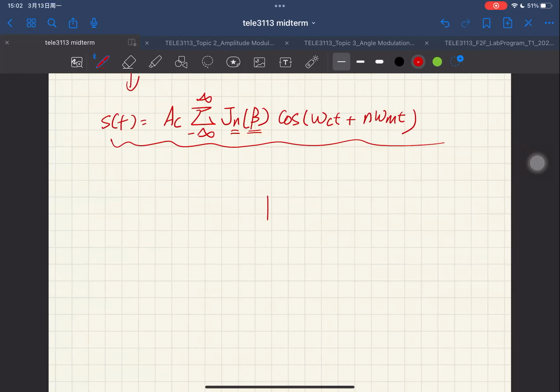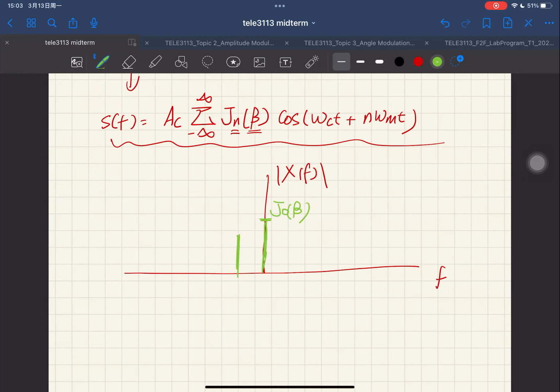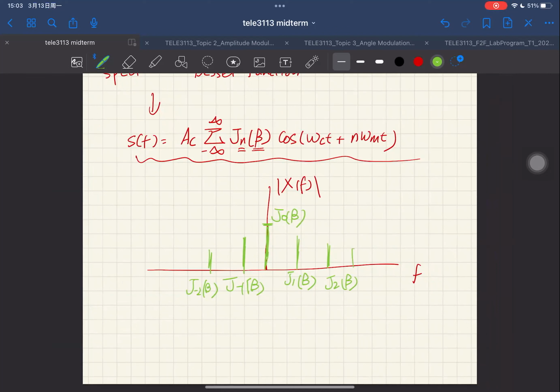If you look at the spectrum for the frequency modulation, you have your carrier component, which is J_0(beta). Your first-order pair is +1 and -1, which is J_1(beta) and J_-1(beta). Then you have your second-order pair, J_2(beta) and J_-2(beta), and the pairs continue to infinity. But as you get further away from the center, the magnitude of each spectral component decreases again and again, eventually becoming really small.